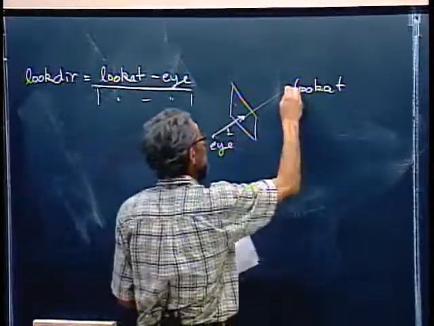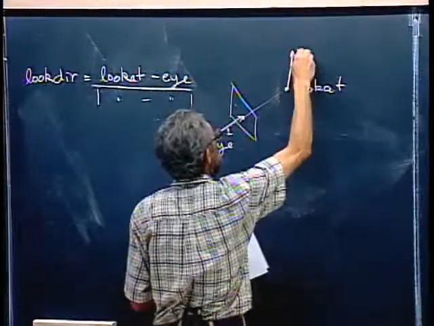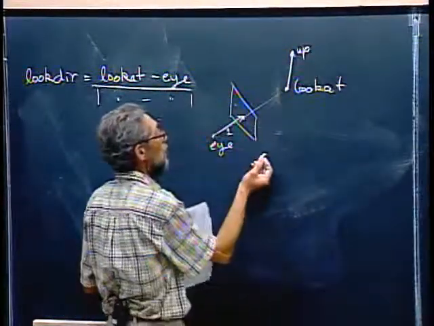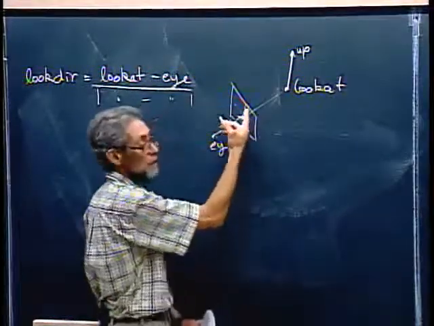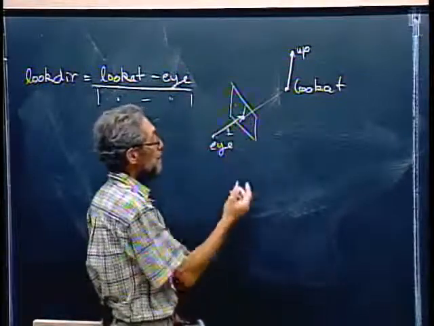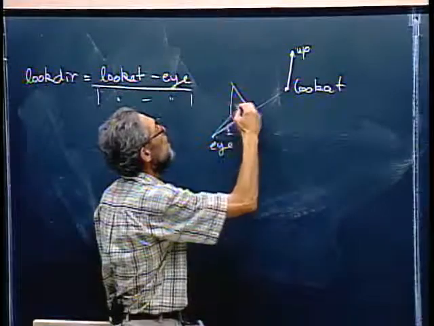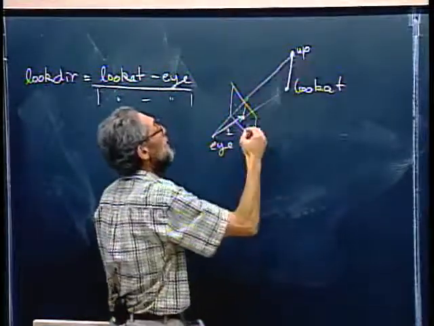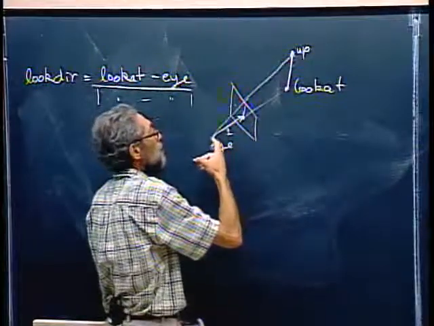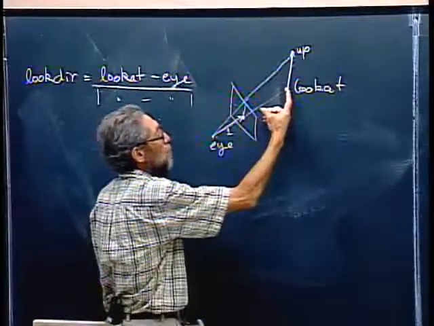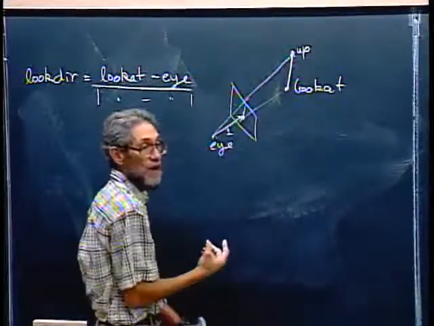That means that a vector whose tail is at the point you're looking at and is pointing in this up direction, when it's projected on the screen, should project to a vector which is vertical with respect to the screen. That direction is the intersection of the plane, like this, the plane through your eye and the look at point, rotated around this axis so that the plane contains this up vector.